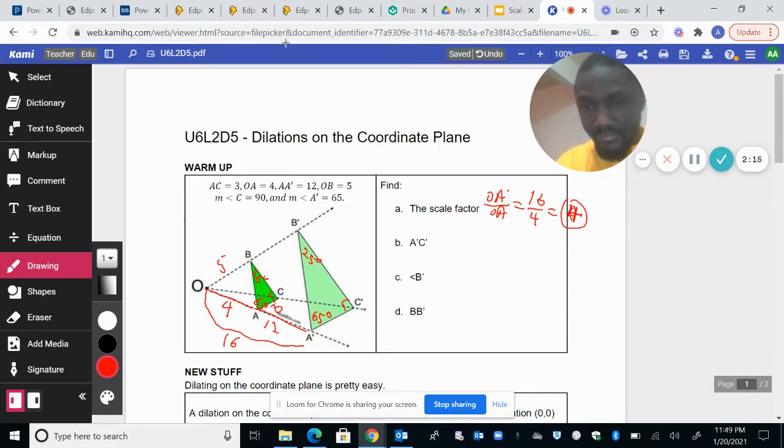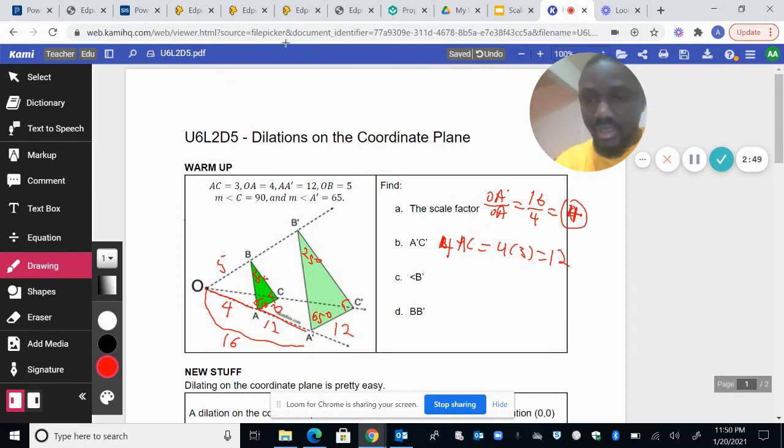So since our scale factor is 4, A prime C prime is going to be 4 times AC, which is 4 times 3, which is 12. Our AC is 3, so A prime C prime is 12.